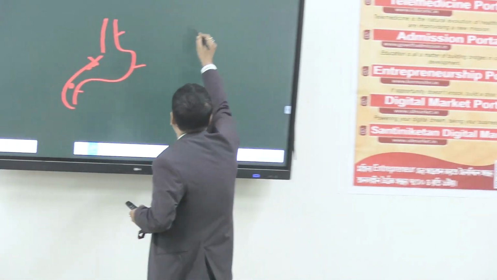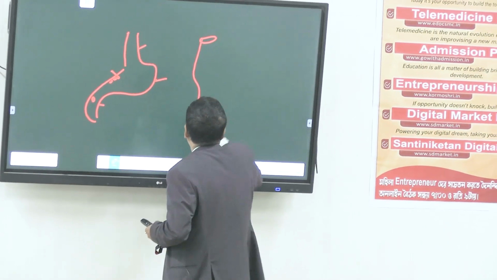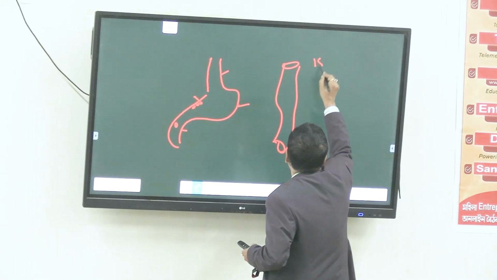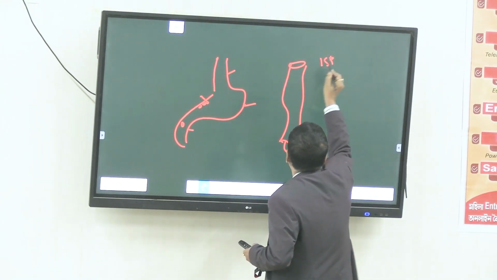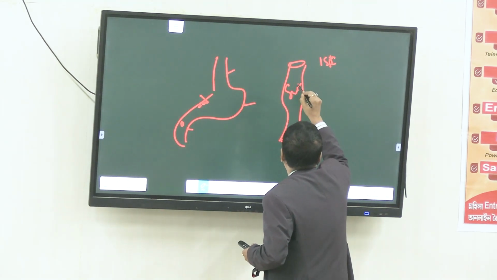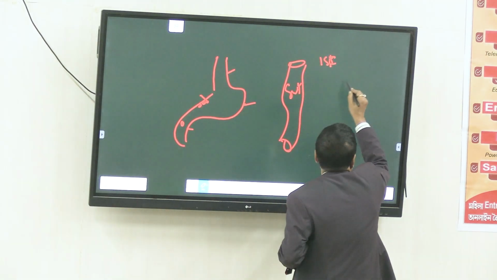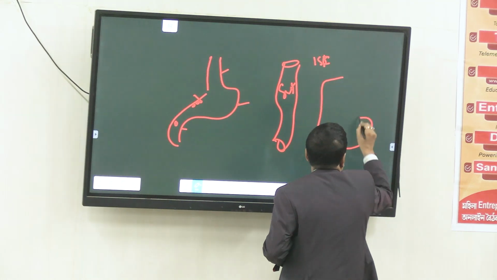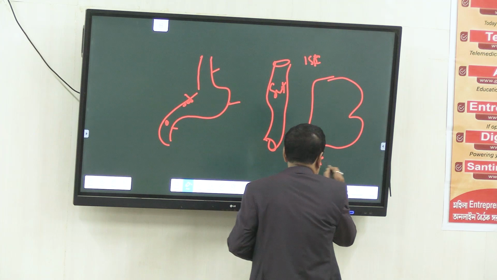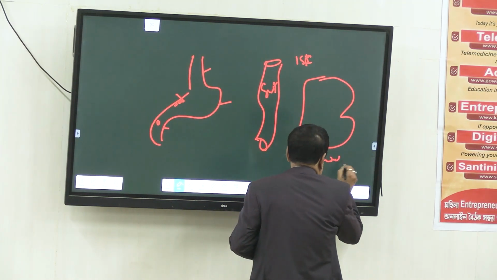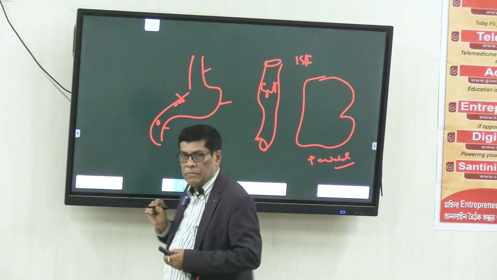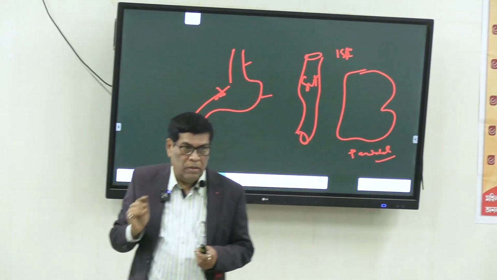Suppose this is your gut, this is your interstitial fluid, and this is the gut lumen. This is your parietal cell. Parietal cells are found mostly in the fundal area and body of the stomach.